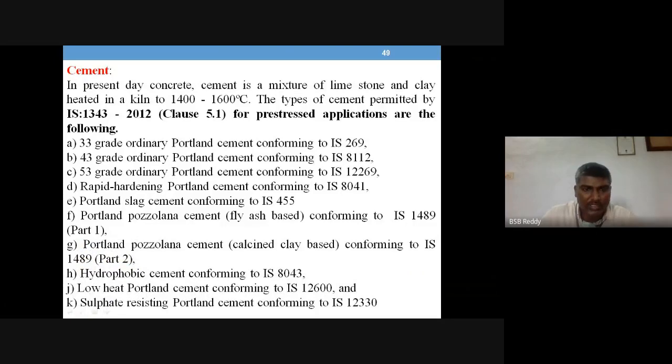In preparing pre-stressed concrete, the cement is the main ingredient. Cement is a mixture of limestone and clay heated in a kiln to 1400 to 1600 degrees centigrade.